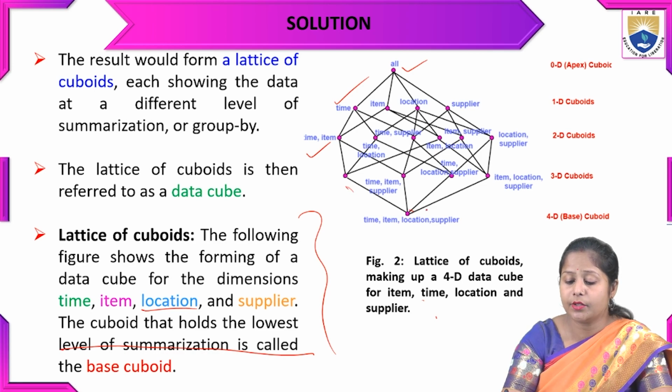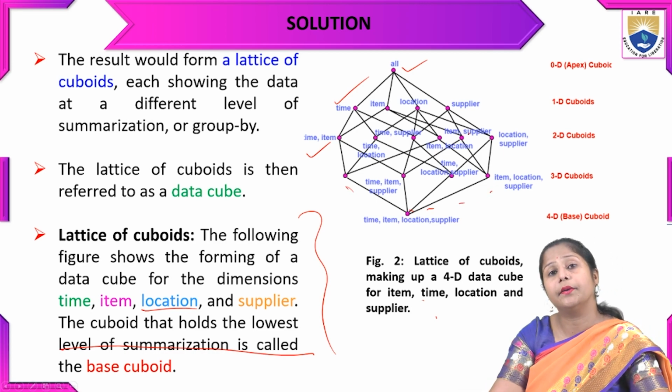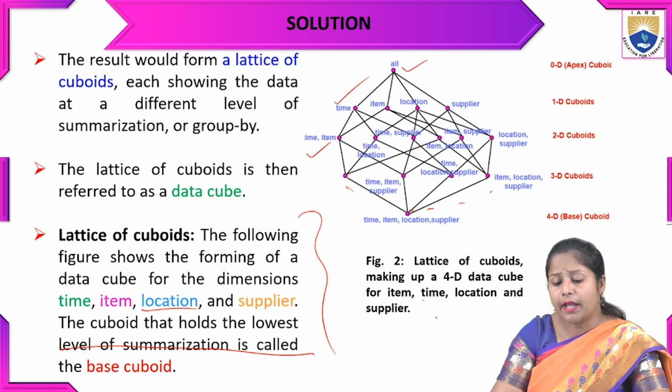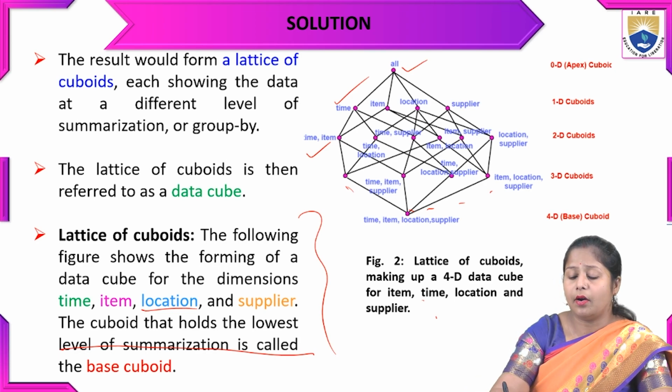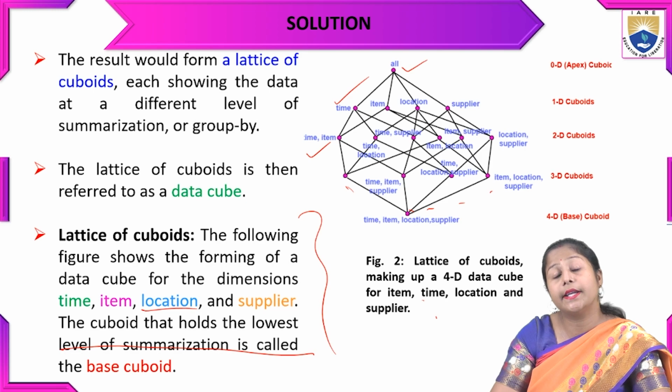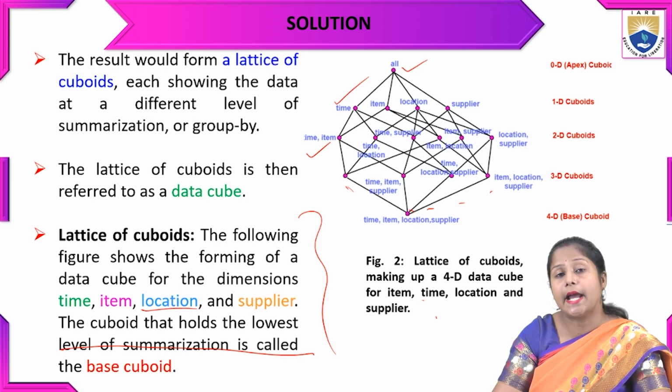So like this, there are so many points in the structure of 4D, but that is stored in the form of the lattice, and all the levels will be there. At each level we can see what the dimensions are.